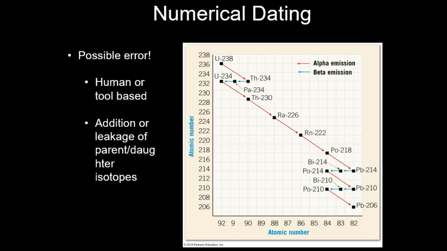There are also potential sources of error when doing radiometric dating, from human or tool error, obviously, but also error introduced by the earthly processes that have shaped and brought the mineral where those atoms are. For example, there could be a leak of parent or daughter isotopes into the surrounding rocks since the mineral crystallized.